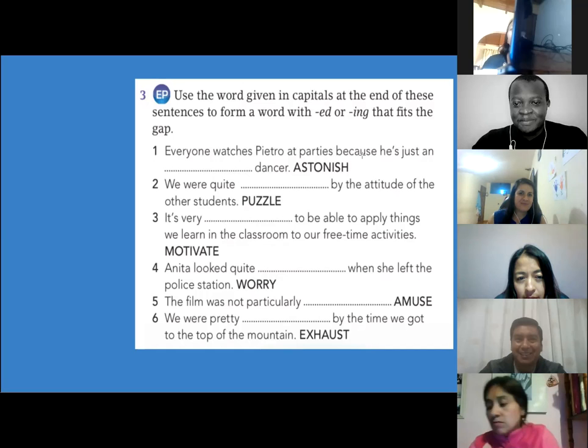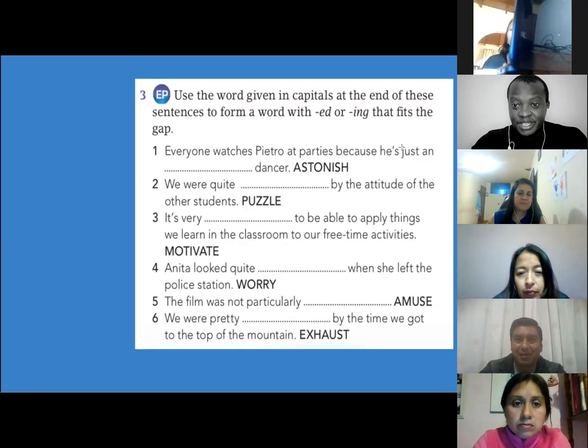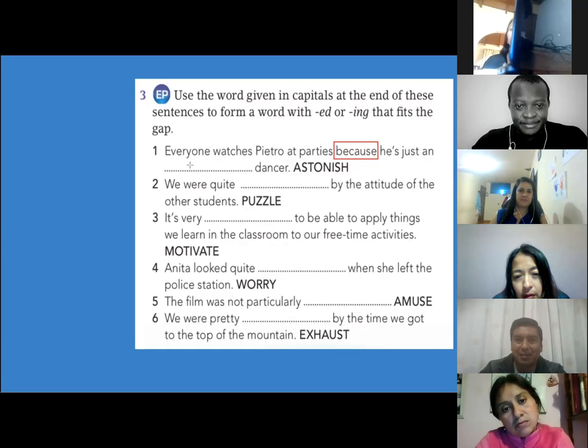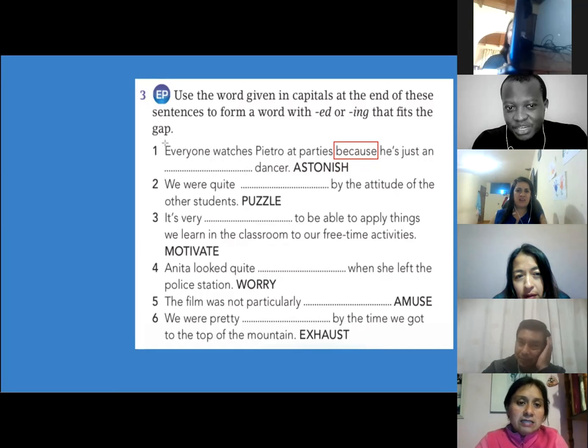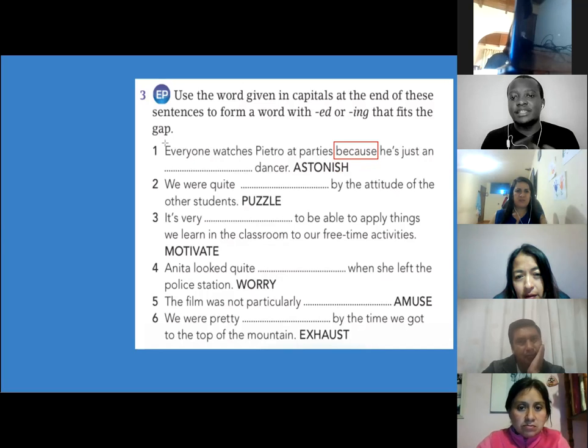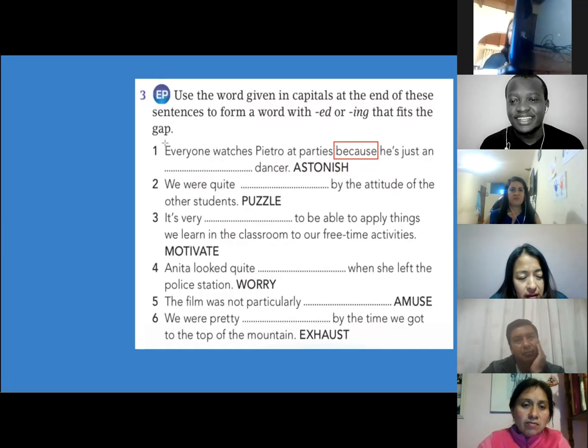Everyone watches Pietro at parties because he's just an -ing dancer. Why -ing? What are we describing in that sentence? Because he's the characteristic, the cause.